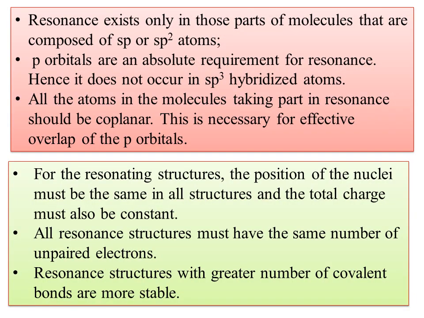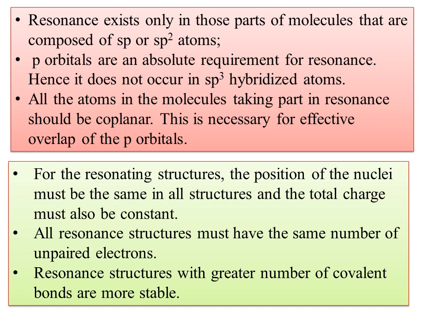So, resonance hybrid and resonance structures play a very important role. Resonance exists only in those parts of the molecule which are composed of sp or sp2 atoms. This is possible only in the case of unsaturated hydrocarbons having a triple or a double bond. Sp means a triple bond, sp2 means a double bond.